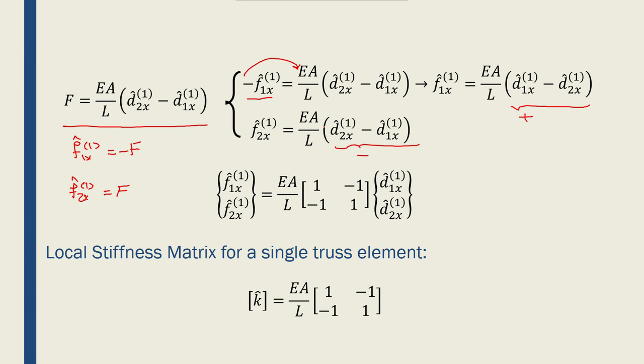Now, using these two equations, we can create a vector of forces. So this is the vector of nodal forces. Let me write this down. And this one is the vector of nodal displacements.